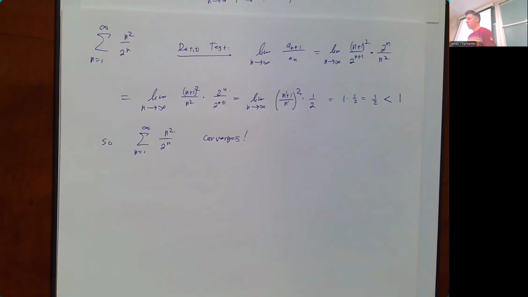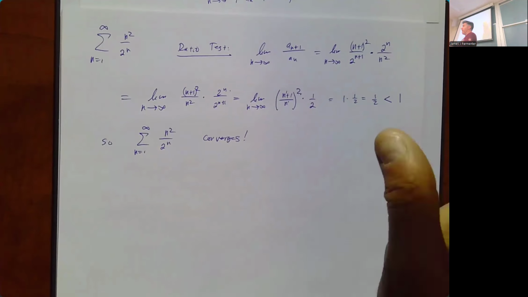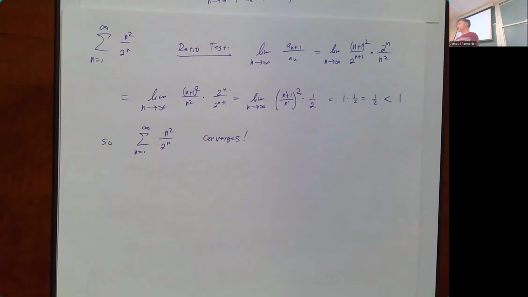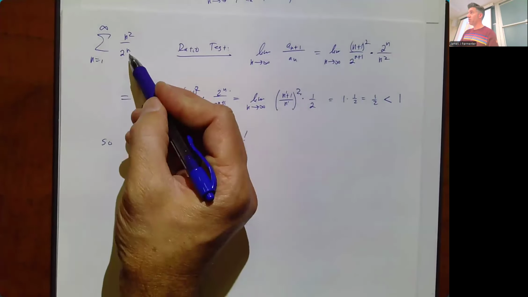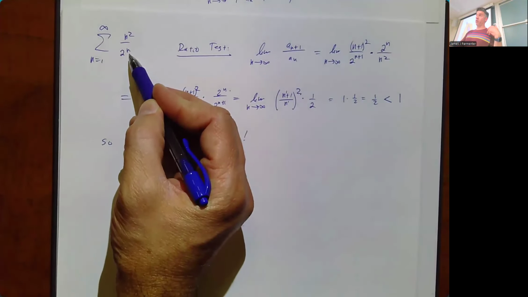So when should we use the ratio test? A good rule of thumb, first of all, is if it's not a geometric series, if it's not already something you can use a different test for. So it's not geometric, it's not a p-series, and the nth term test yielded 0. The other things we should look for are either something being raised to the nth power, or having an n factorial.